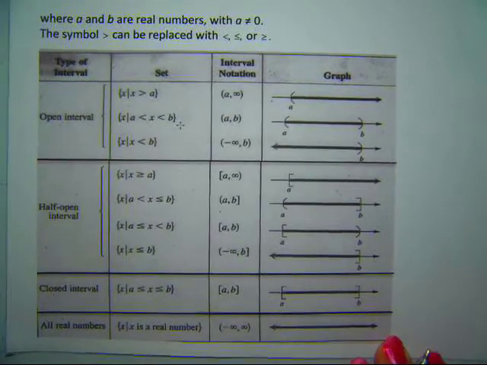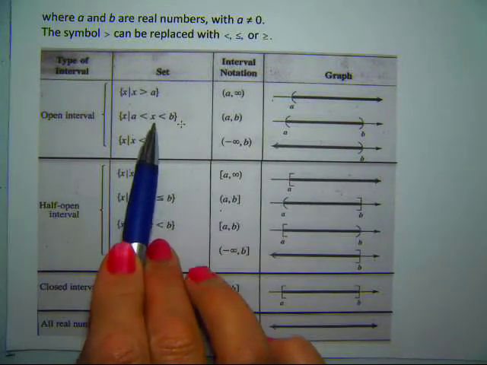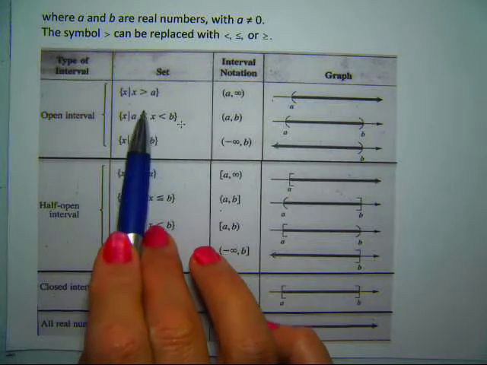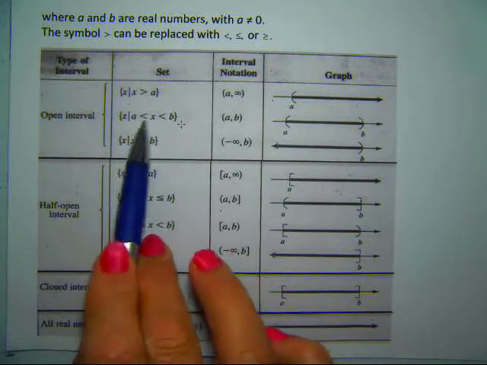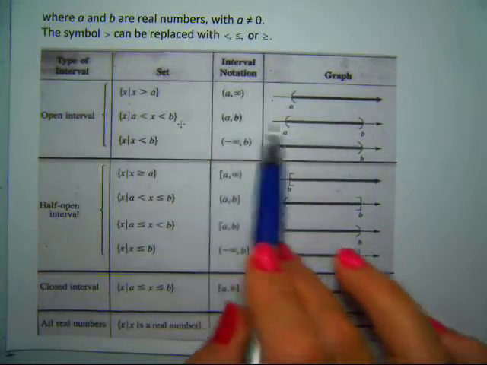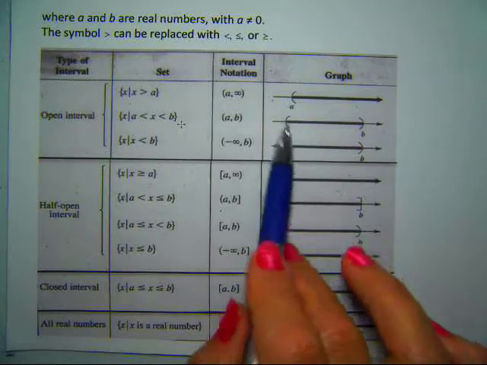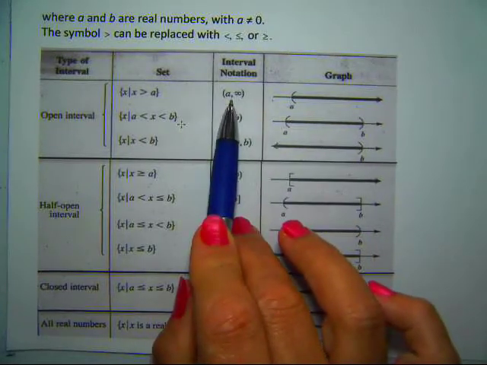Okay, so three-way inequality. We read it from the middle. We say x is greater than a and less than b. So it is obviously between a and b, so the interval notation is a to b, and the graph has both parentheses because there's no equal sign. I forgot to talk about the interval notation.